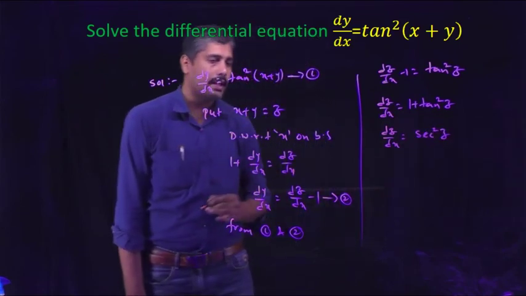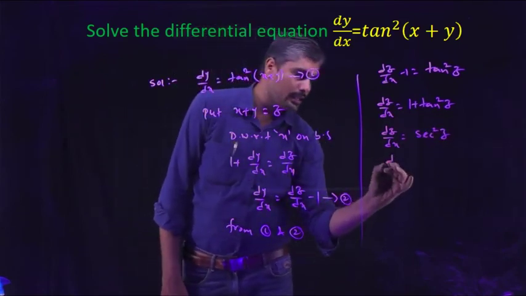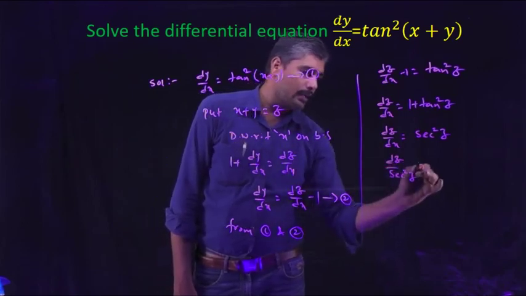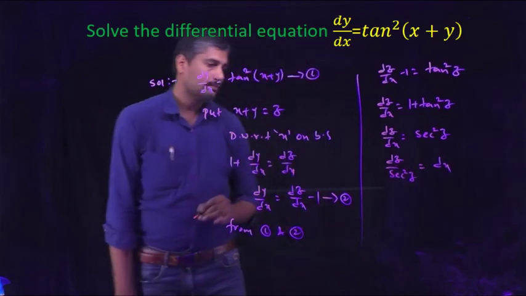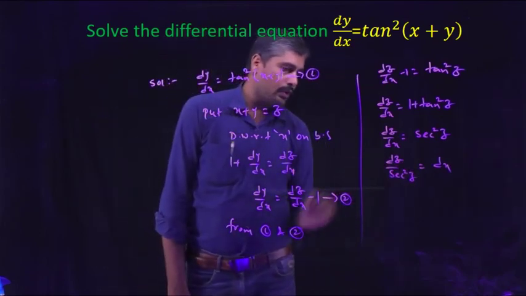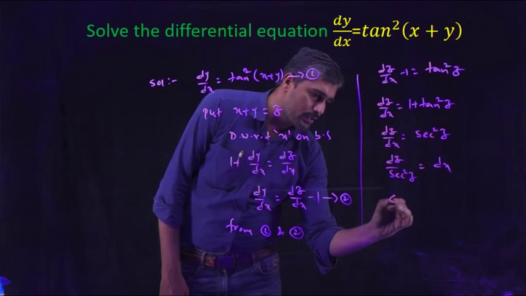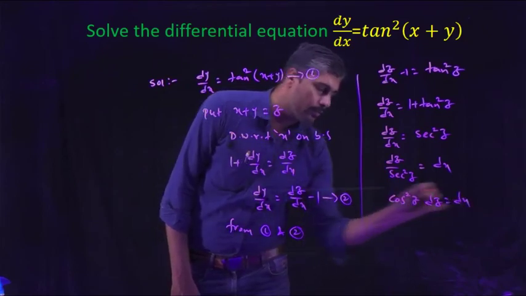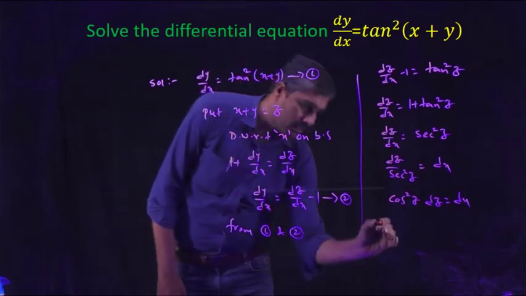Then separating x terms and z terms, dz by secant square z equal to dx. Right? We know that 1 by secant square z is cos square z, dz equal to dx.